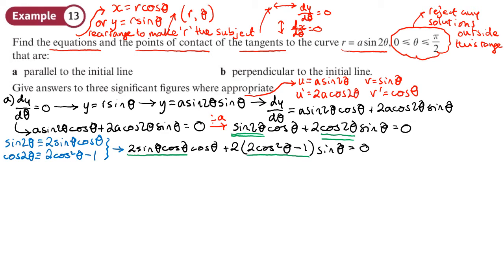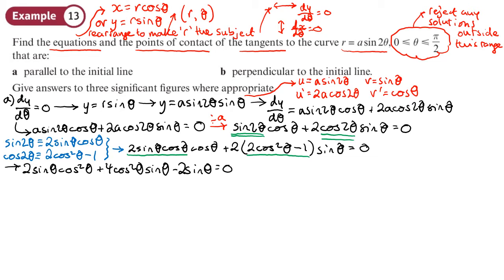Now we'll multiply out the brackets down here. So I'll have 2 sine θ cos squared θ, and then plus 4 cos squared θ minus 2, and that gets multiplied by sine θ, so I'll do that as well. So I'll have a sine θ there, and then minus 2 sine θ equals 0.